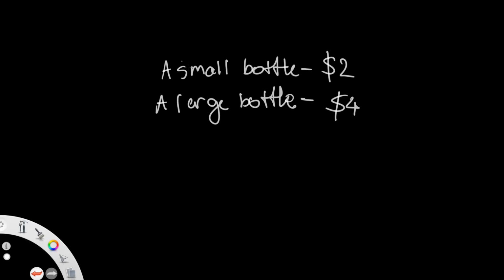And we're asked to find the independent and dependent variables. If it's $2, it does not affect whether it's a small bottle or not. However, if it's a small bottle, then it has to cost $2. So the bottle sizes are the independent variables and the costs are the dependent variables.